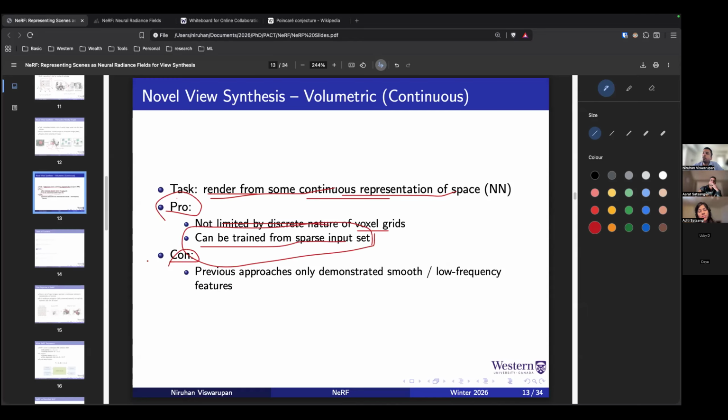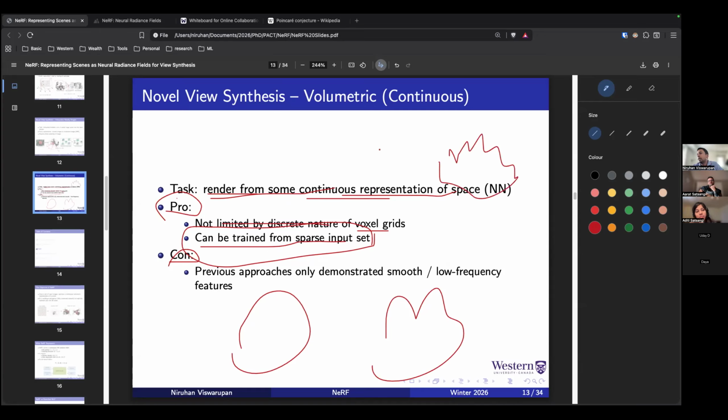Before NeRF, using neural networks with signed distance or some other approach, they were only able to do smooth objects like a ball, but not objects that have very rough texture or very abrupt changes in appearance. So that was a con.